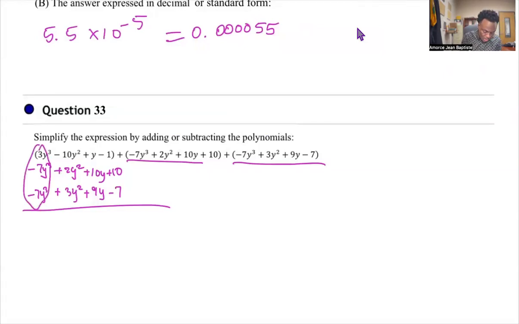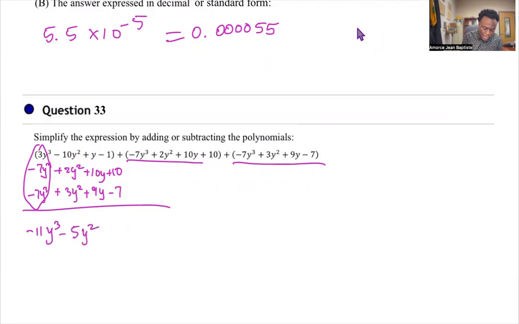These are combined together. So that is -14 plus 3, that's -11y cubed. And then you have -10 plus 5, so that's -5y squared.